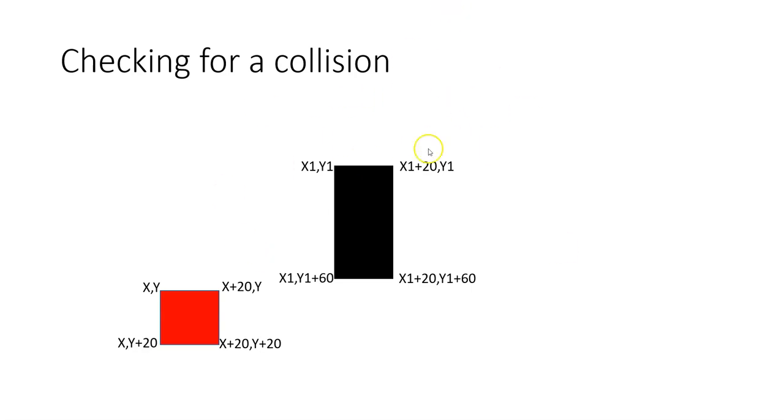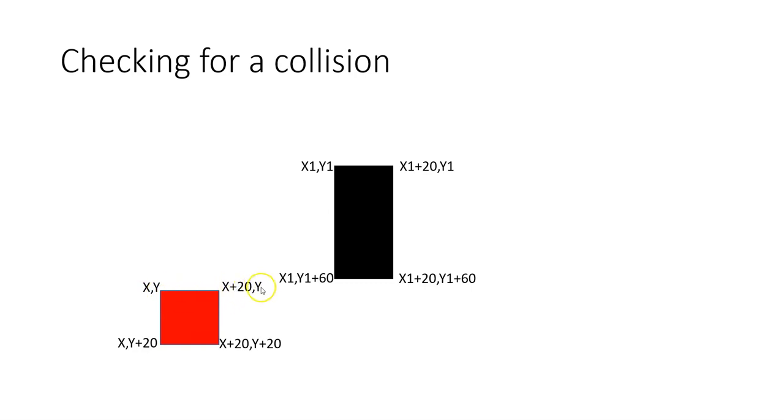So basically I've labelled up our two items. We've got our player square here and our little truck representation rectangle here. This top left hand corner is x0, y0 of our little player character, and this would be x10 and y10 up here. Now down here you've got x plus the width of the square, which is 20 in this case.